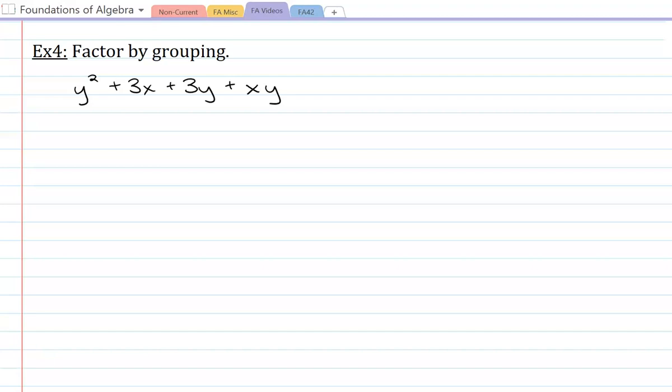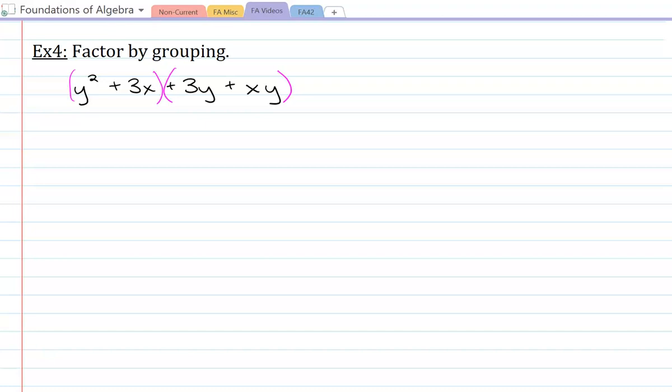Now let's look at this last example. We have 4 terms, so we factor by grouping. But take a look. When we group these as they are, there's no GCF for this first set. And so its GCF would just be 1.